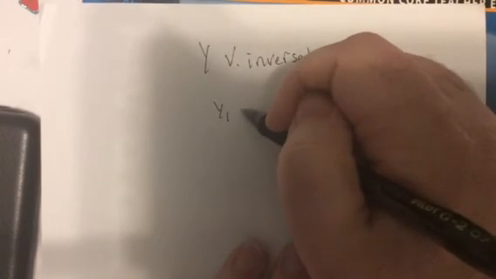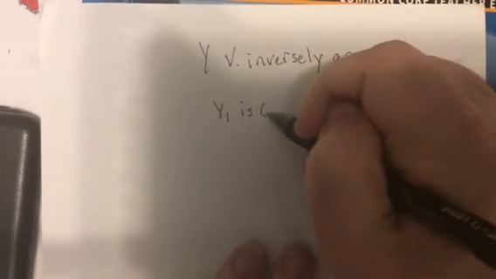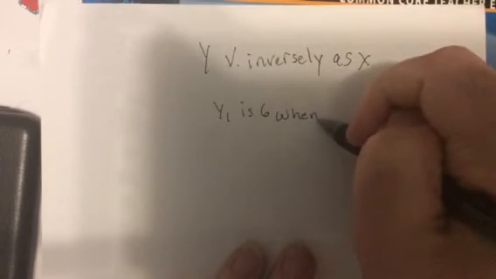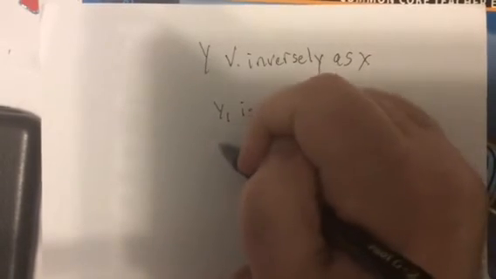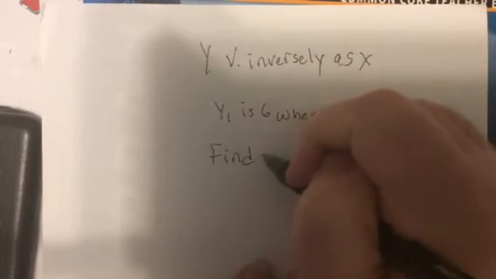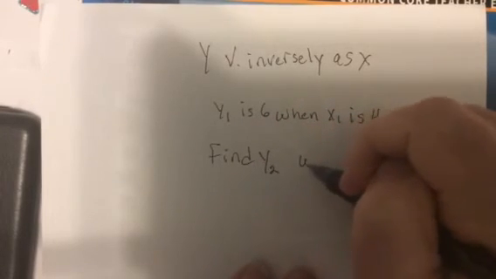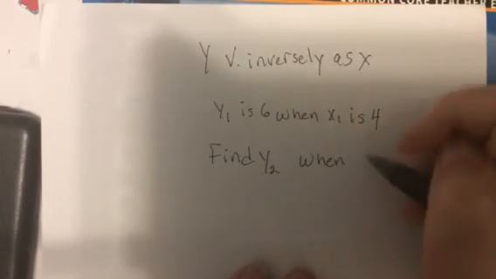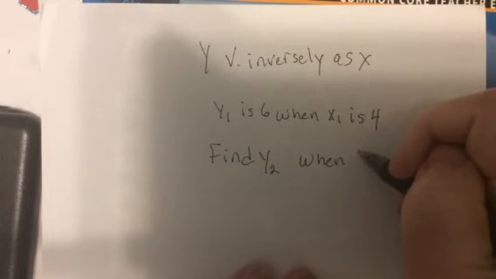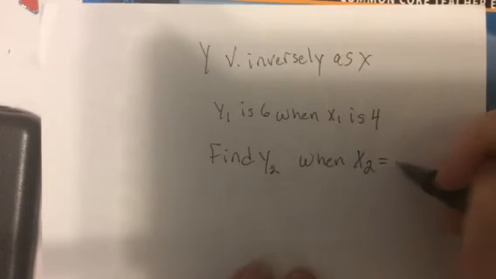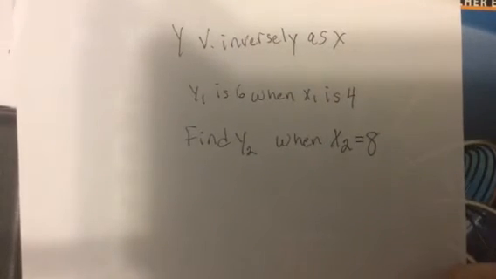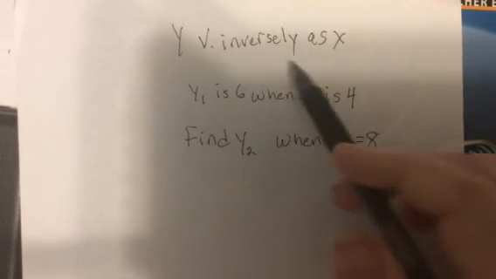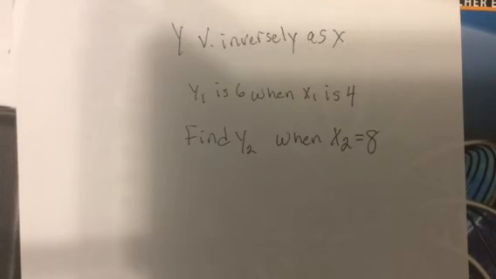So y1 is 6 when x1 is 4. Find y2 when x2 equals 8. Now I'm doing nice numbers here. So you say, oh wait, it varies inversely. Holy cheese in the bucket.